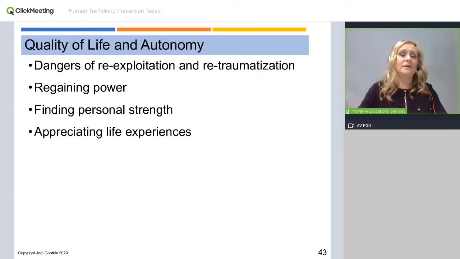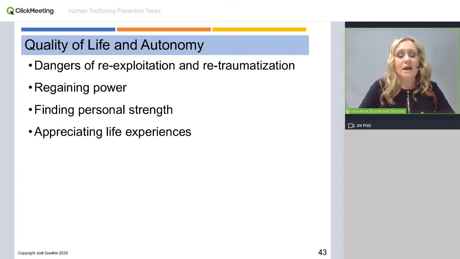Quality of life also needs to be considered. As plans are developed to support individuals who are rebuilding their lives after they leave their trafficking situation, the dangers of re-exploitation and re-traumatization have to be addressed. Community resources play an important role in this process, so that they can rebuild their lives and are not again vulnerable to another trafficker.